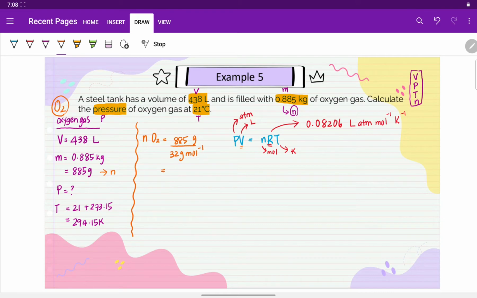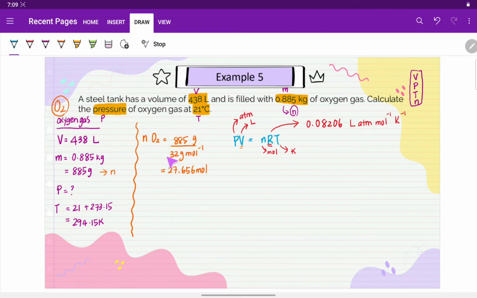So the number of mole will be 27.656 mole. Dekat sini saya ambil 3 decimal place. Kalau awak ambil 4 decimal place pun tak ada masalah, cuma jangan ambil 1 atau 2. Take more, bila awak ambil lebih, nanti awak punya calculation, you will get a more accurate value.